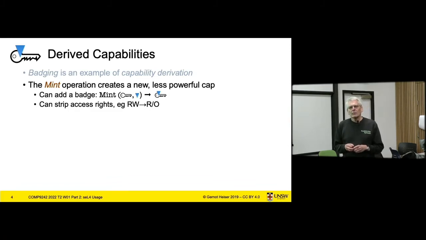At the same time, mint allows you to restrict the rights the new capability conveys. So if you mint a new capability from a capability that has full read-write access, you can, for example, strip the write right and have a read-only capability that way. So this is one way of capability derivation, minting.